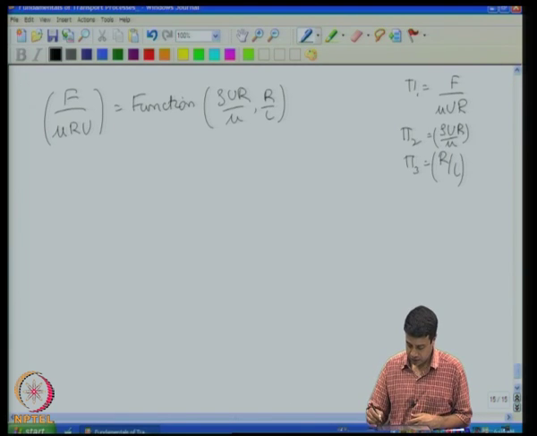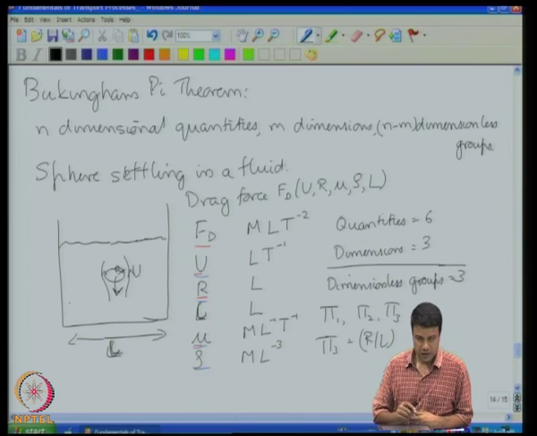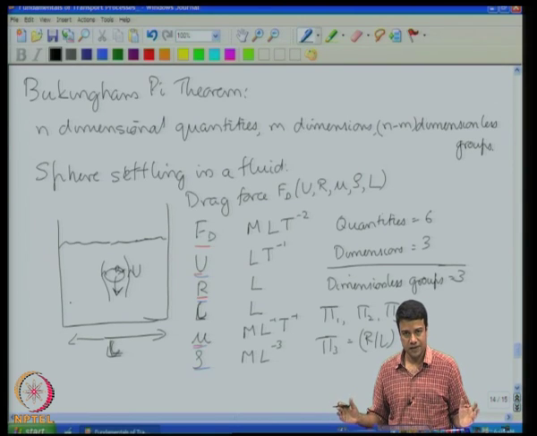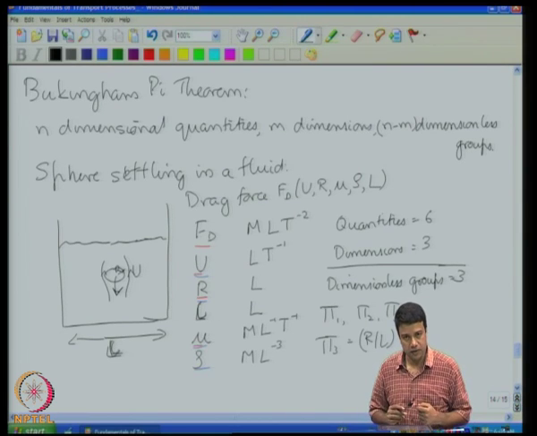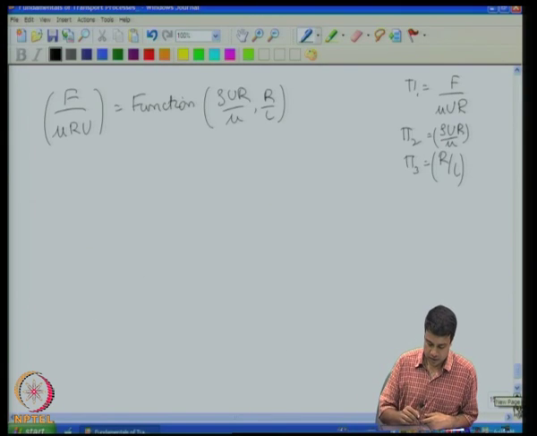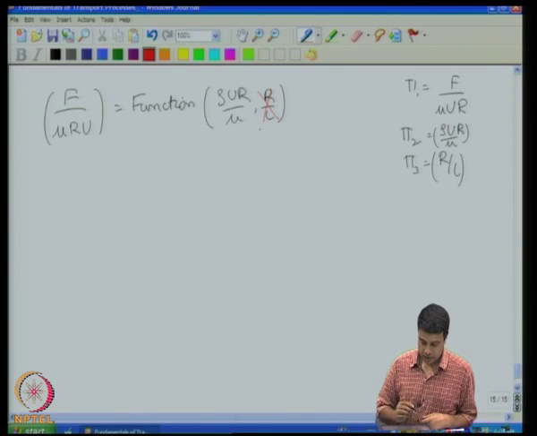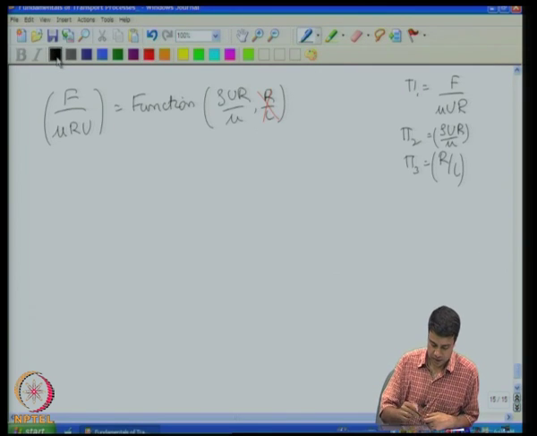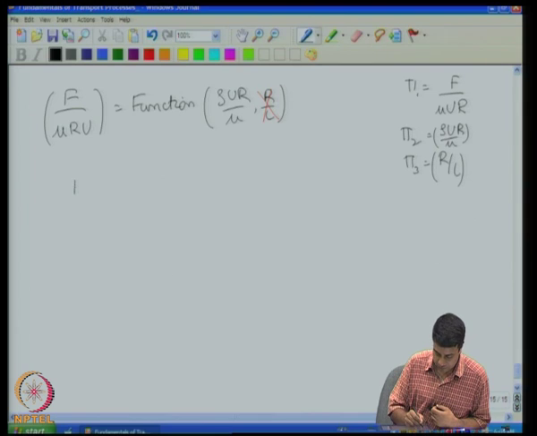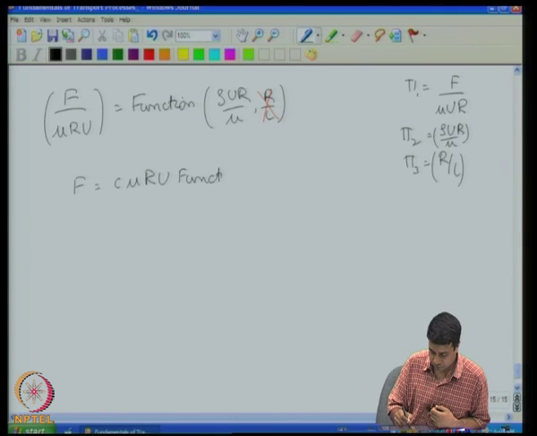In this example, if the tank is sufficiently large, in the sense that the walls do not influence the flow near the solid particle, then this ratio will not matter, and so I will only get a relationship between a scaled force, F is equal to mu r u times some function of the Reynolds number.